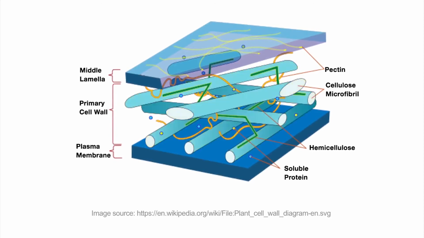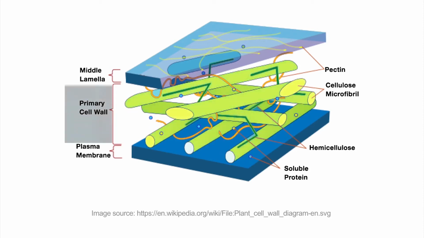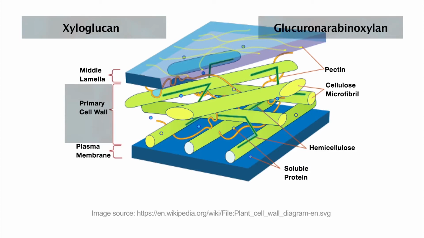The cellulose microfibrils are linked by hemicellulosic linkers, and these cellulose-hemicellulose networks are embedded in the pectin matrix. The main hemicellulose in the primary cell wall of plant cells is xyloglucan, except in grass cell walls where it is replaced by glucuronoarabinoxylan.